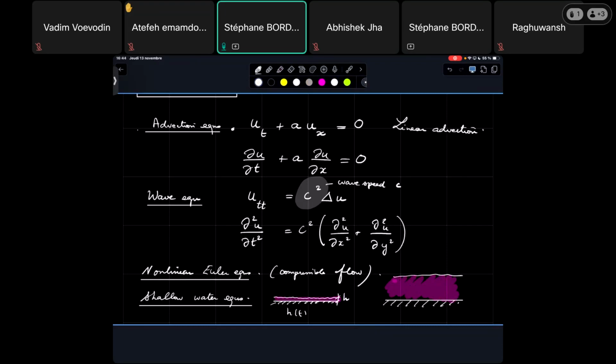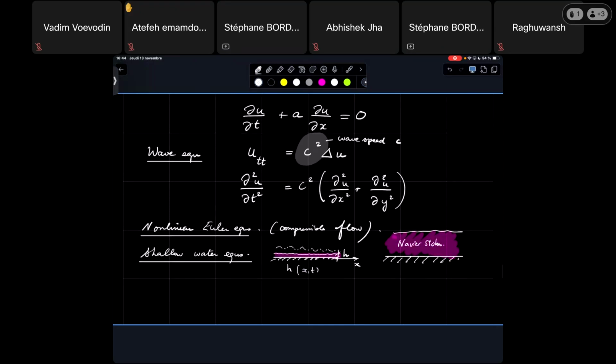So h of t is the height of the wave that you are trying to follow, or h of x, actually, h of x and t. That's what you are interested in. But if you have more bulky flow, you will not be able to make that assumption. It will be, in general, false, and you will use Navier-Stokes, which are much more tricky.